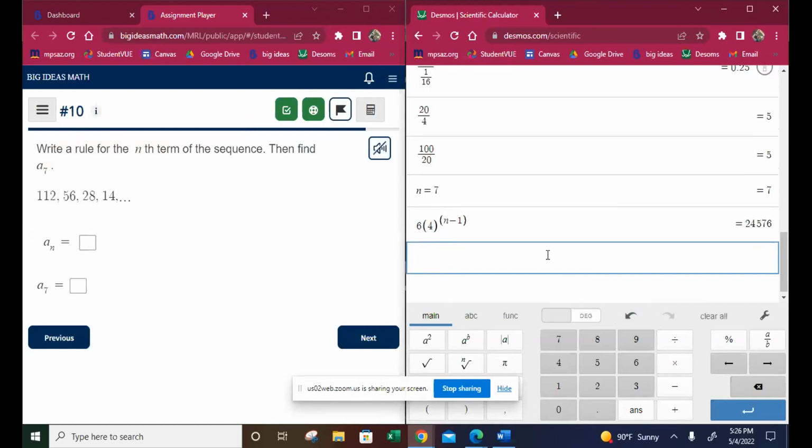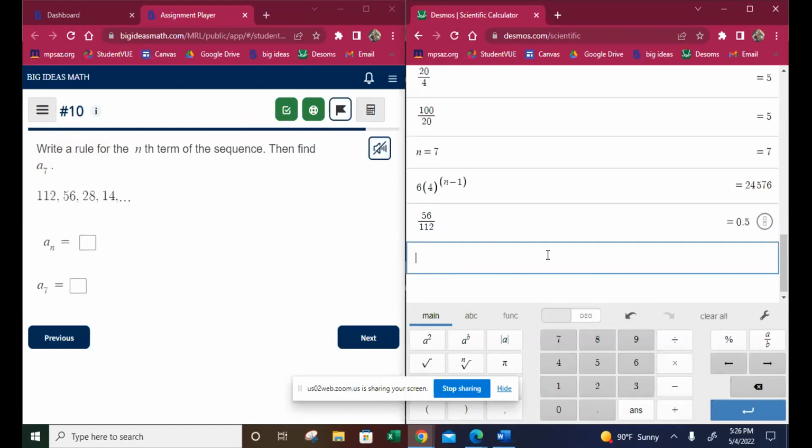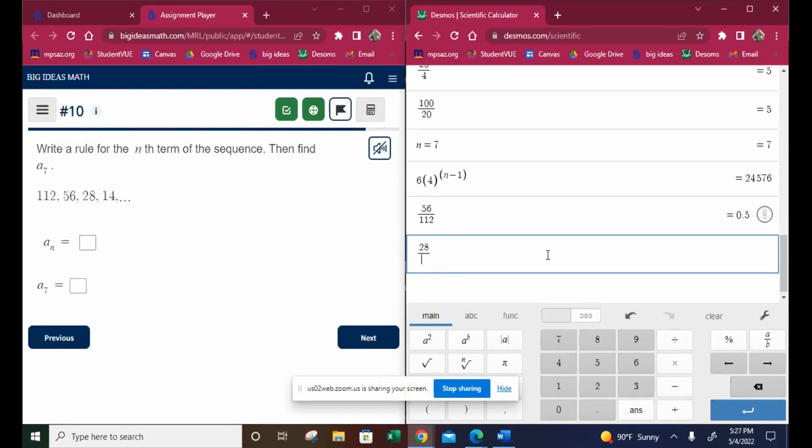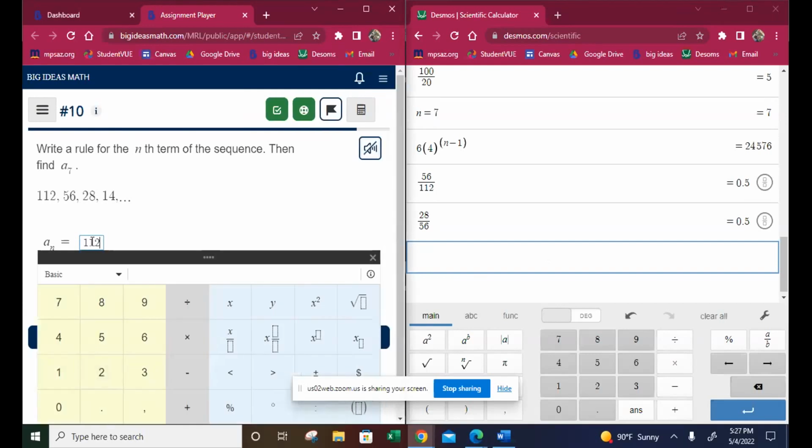Okay, so similarly, you've got to find the ratio between terms. You probably feel convinced it's 0.5. So the formula for AN is the first term, which in this case is 112. So you're going to go back to that box on the left. You always put the first term in, 112, parentheses, the number you've been calculating, 0.5, and then to the power of n-1.